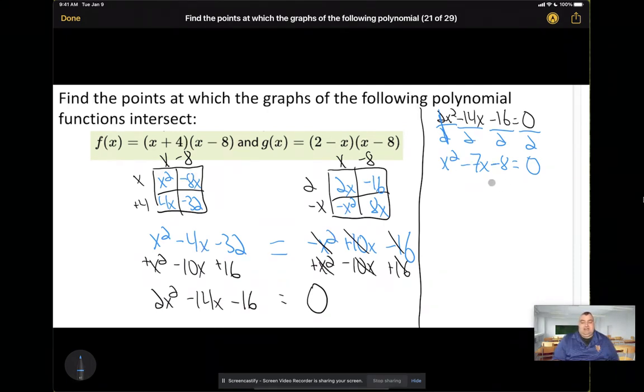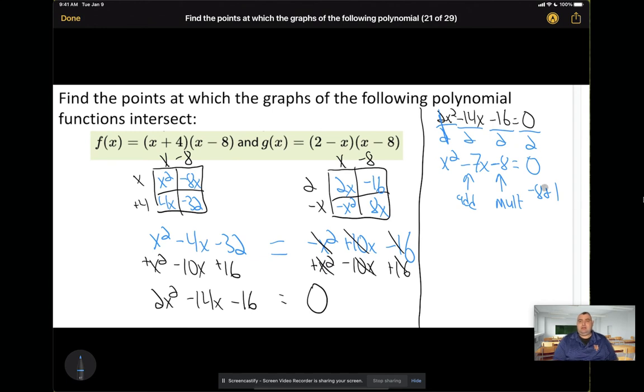By doing that, now I can actually try and factor. So remember, with factoring, I need to figure out two numbers that when I add those two numbers, I get negative 7. And when I multiply those same two numbers, I get negative 8. So two numbers that add up to negative 7 and multiply to negative 8, those two numbers are going to be negative 8 and positive 1.